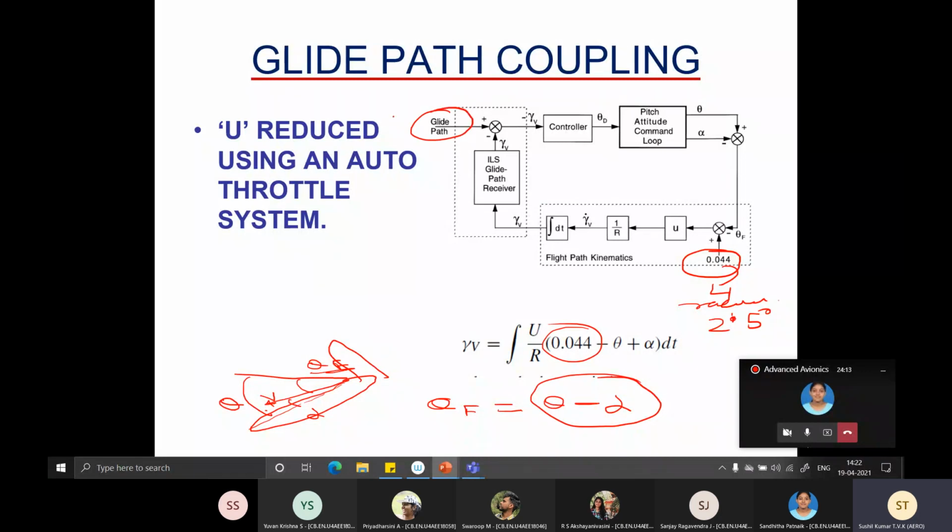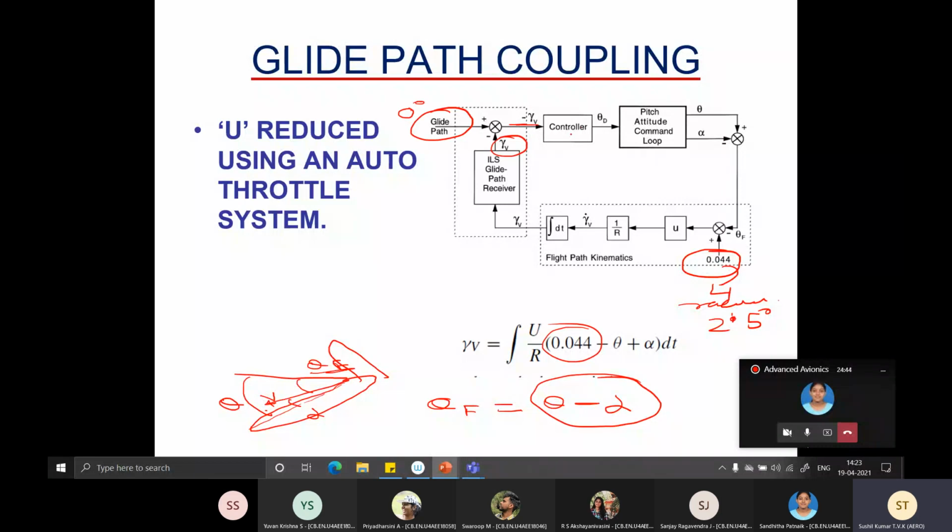Now here also we set this as 0 degrees, but we are adding this displacement over here, so that takes care of the beam angle. If the aircraft is below or above the glide path angle, definitely the receiver is going to give out some signal, and that gets compared with 0, so it becomes minus gamma v.